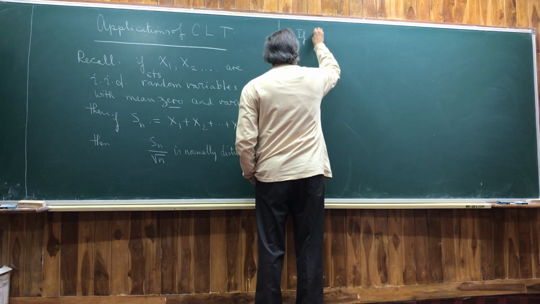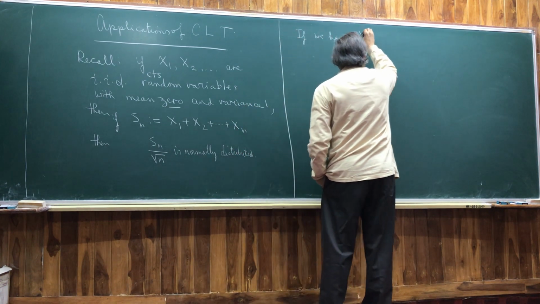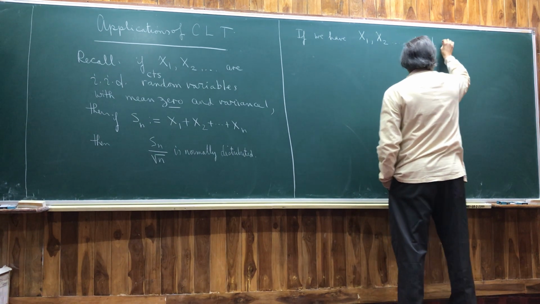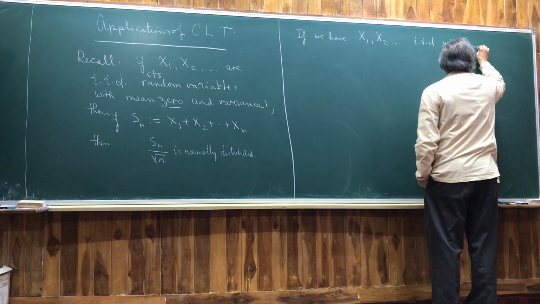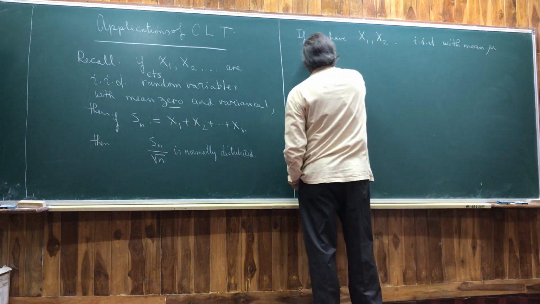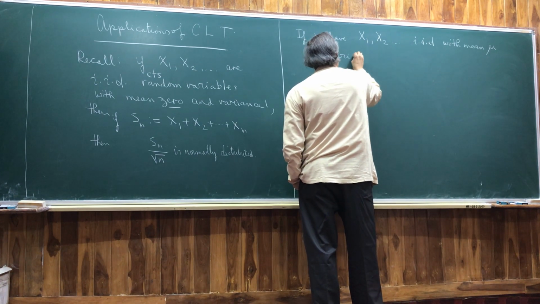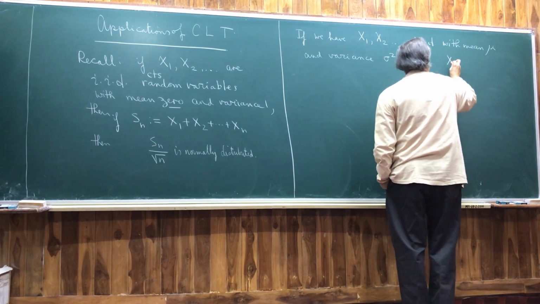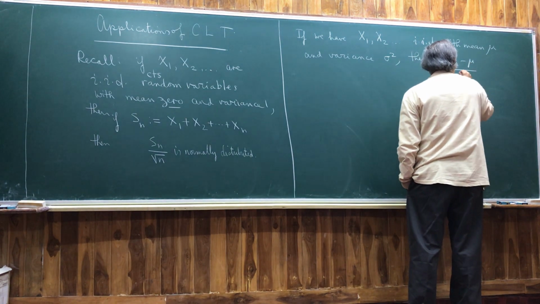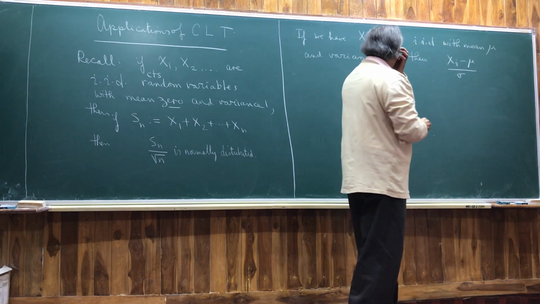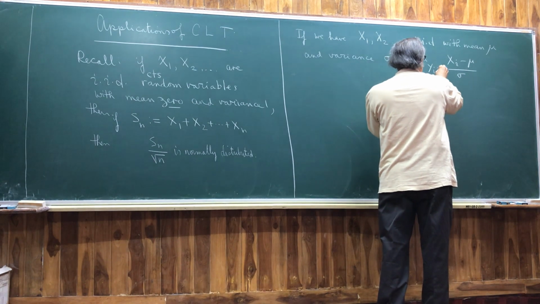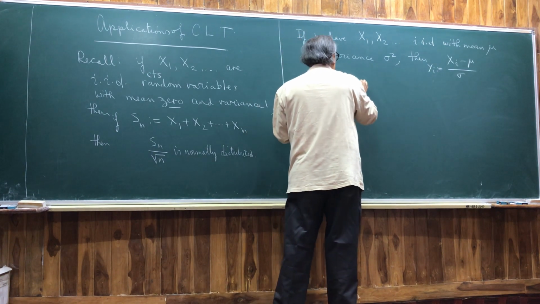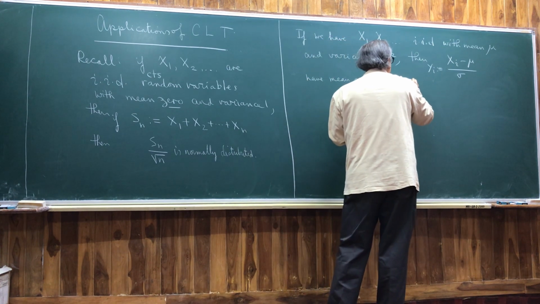If we have x1, x2, dot dot dot, which are independent, identically distributed, with mean mu and variance sigma squared, then the random variables xi minus mu divided by sigma, let's call these yi's, have mean 0 and variance 1.